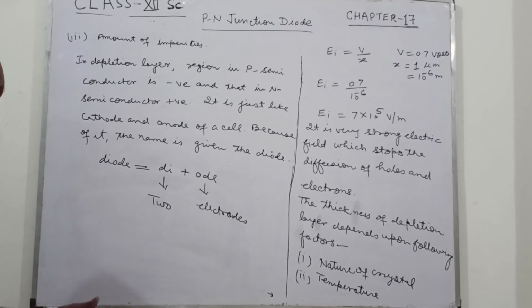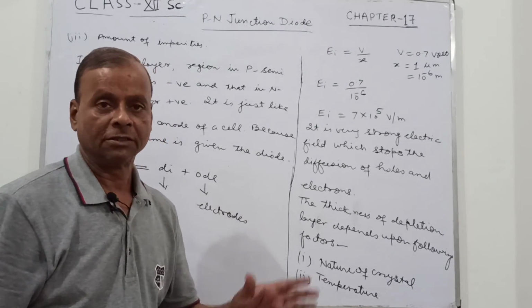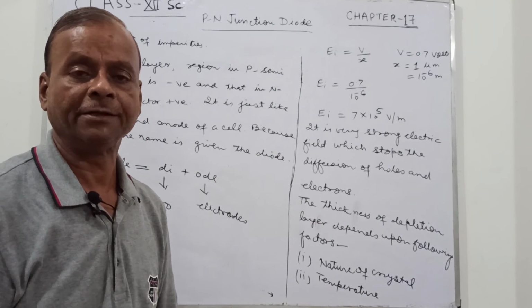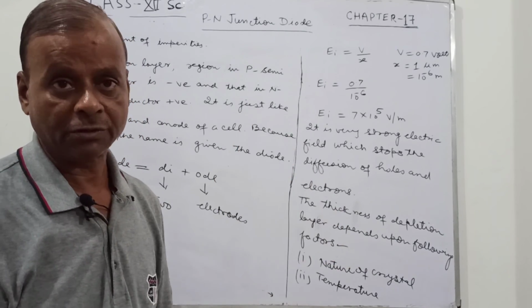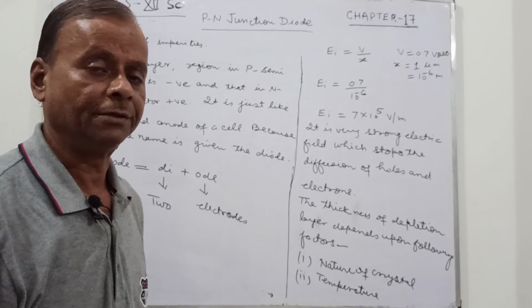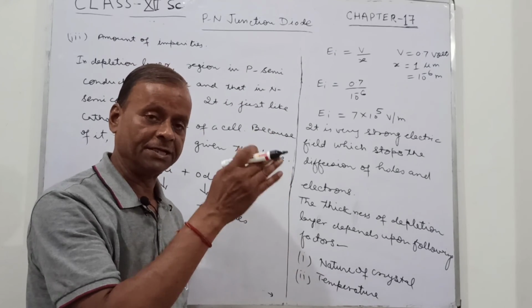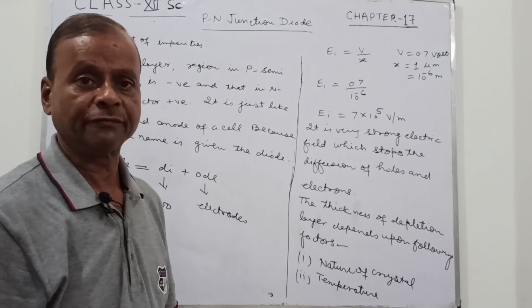Since I just showed you that in the depletion layer the part towards the P is negative, where the negative ions are present, and the part on the N crystal has the positive ions.